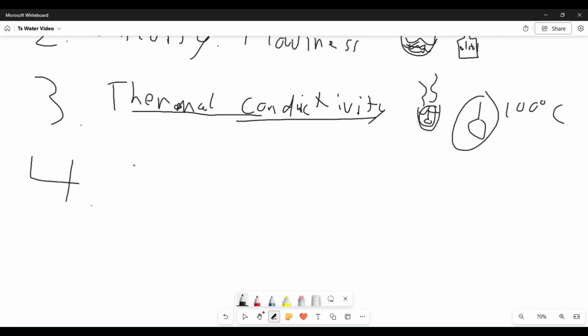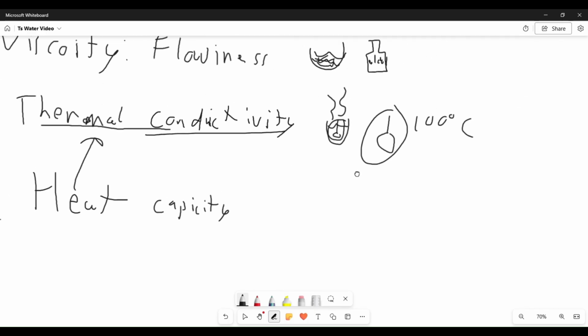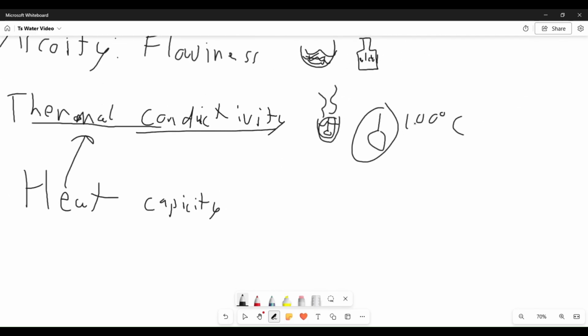Now, the fourth property is heat capacity or thermal capacity, which kind of ties in with this one here, in the sense that it takes a lot of heat to break the hydrogen bonds in water and make it evaporate into a gas. So in the example up here, it definitely would be enough since it's really hot, and it'll just start steaming.